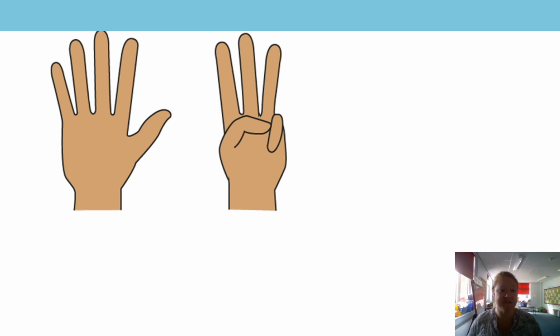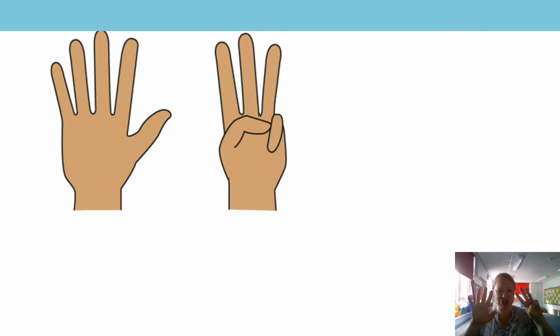So we have our 10 fingers again to help us represent the number 10. So let's have a look. How many have we got up? We've got a whole hand, which is 5. And in this picture, we've got 3 more. So how many are wiggling? 5, and we can count on, 8 fingers sticking up. So how many have we got down? What goes with 8 to make 10?